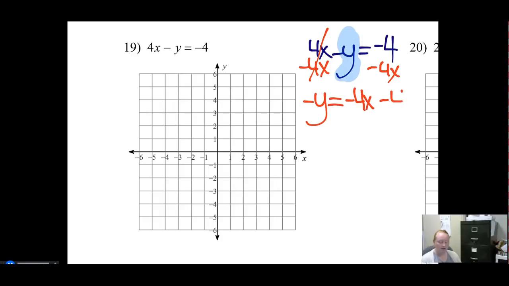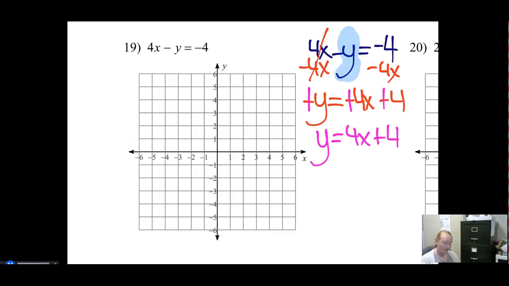That's something some of us struggle with, so that it is in y equals mx plus b form. Then I'll divide by -1, or flip the signs of all of my terms. So I get y equals 4x plus 4.